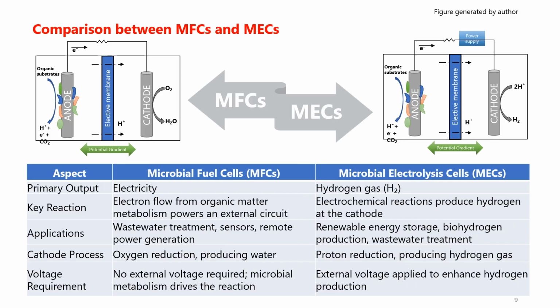In the case of MECs, it is renewable energy storage, biohydrogen production, and wastewater treatment. In the cathode, in the case of MFCs, oxygen reduction takes place producing water. In the case of MECs, it is proton reduction which leads to the production of hydrogen gas.